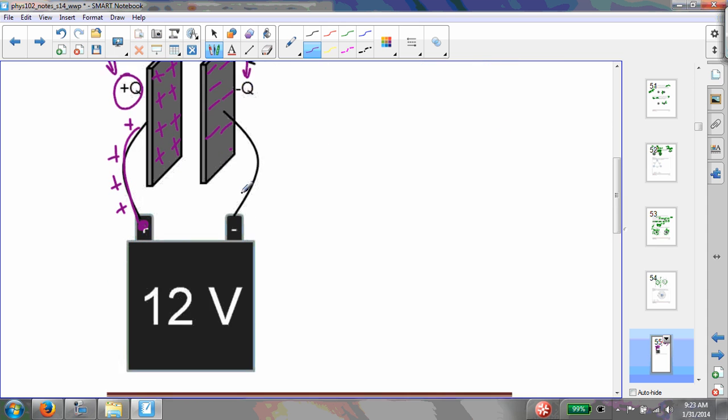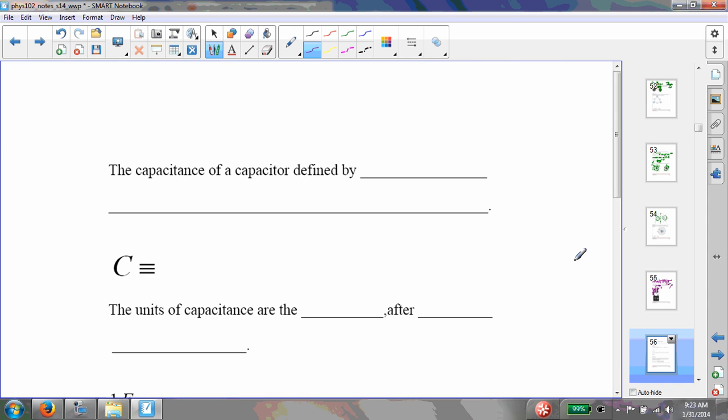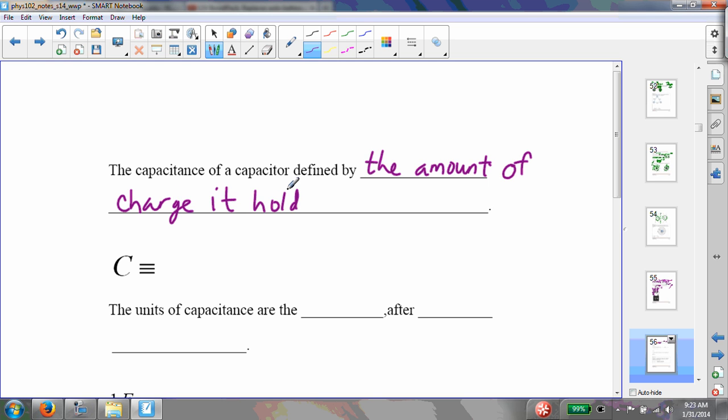Now, the capacitance of the capacitor is defined by the amount of charge it holds for a given potential difference between the plates.